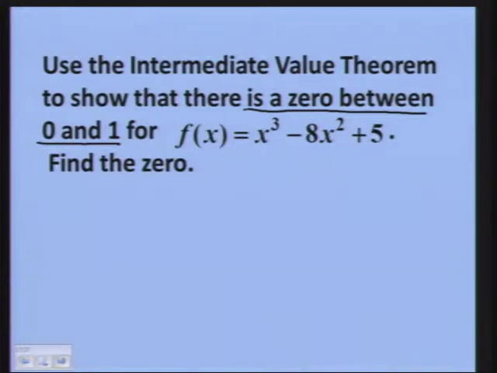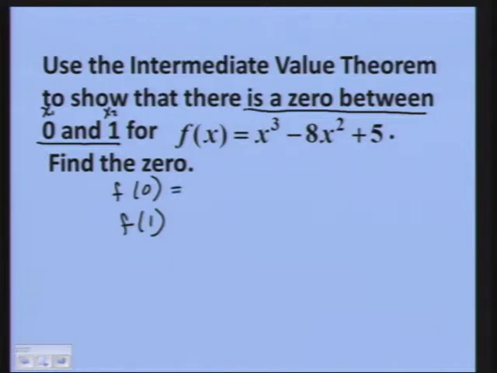We plug in 0 for y, but we find the x. So 0 and 1 are our first and second x. What we want to find out is if f of 0 is one sign and f of 1 is the opposite sign. If that happens, we're guaranteed a 0 between 0 and 1 for x.